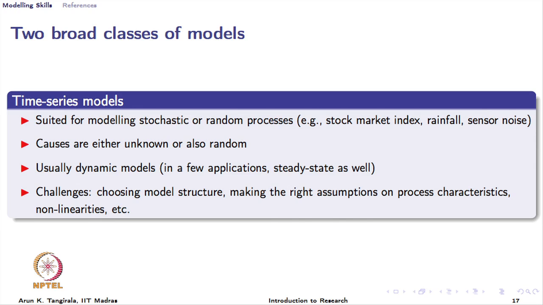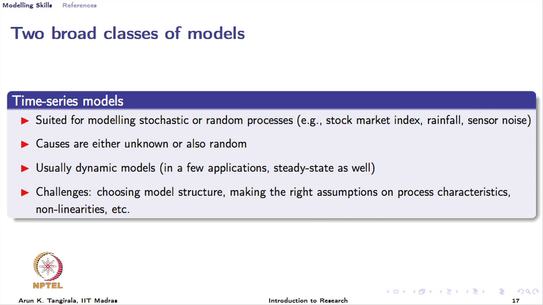On the other hand, let us say I want to really model the relative humidity of air. Now, I know that the relative humidity of air is significantly dependent on the atmospheric temperature. So, I have the relative humidity measurements, I have the temperature measurements, and I can build a model between these two.